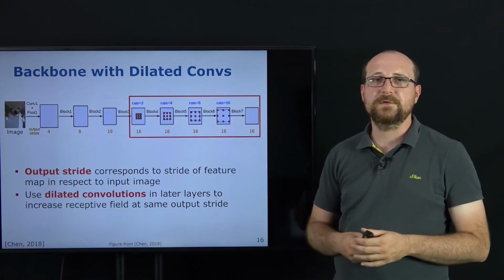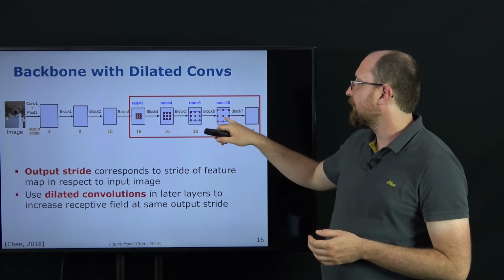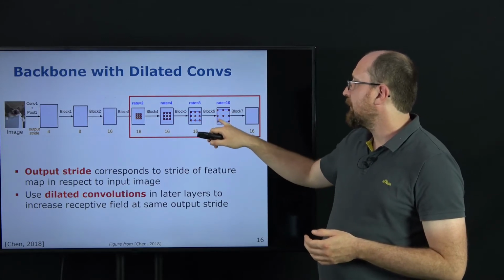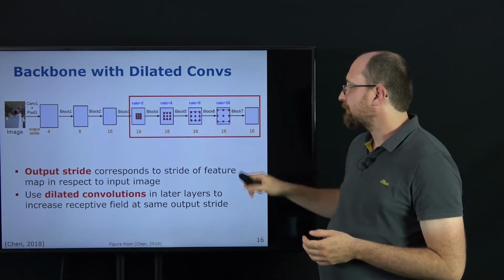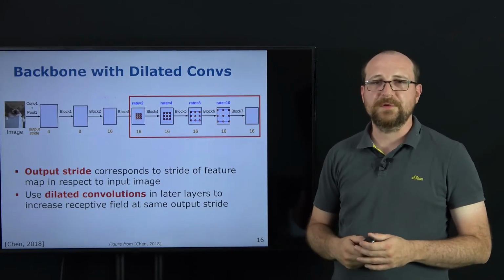With this, we also get a larger receptive field. So for producing block 7, we use the dilated convolutions in this way, and we get the same benefit of a larger receptive field.